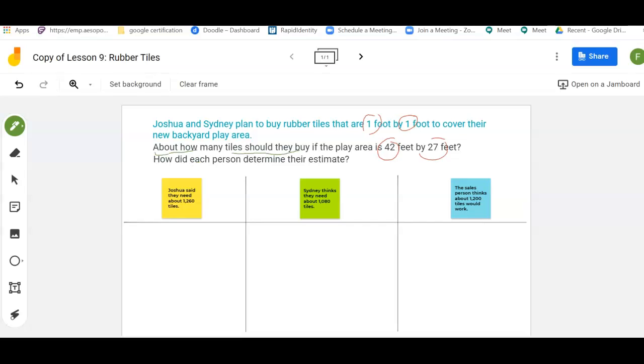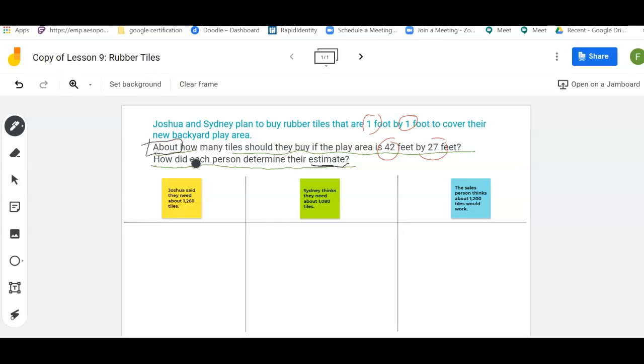How many tiles should they buy if the play area is 42 feet by 27 feet, and how did each person determine their estimate? And one of the key words is the word about. About is really giving you a clue that you're going to be estimating.